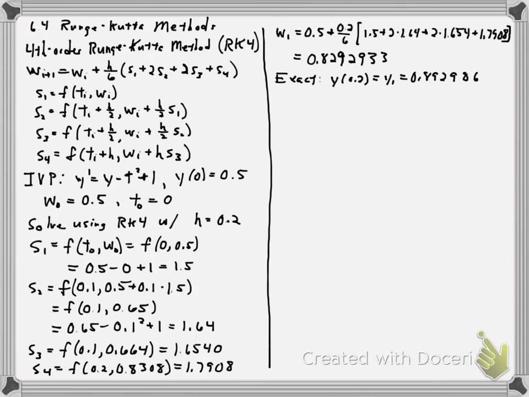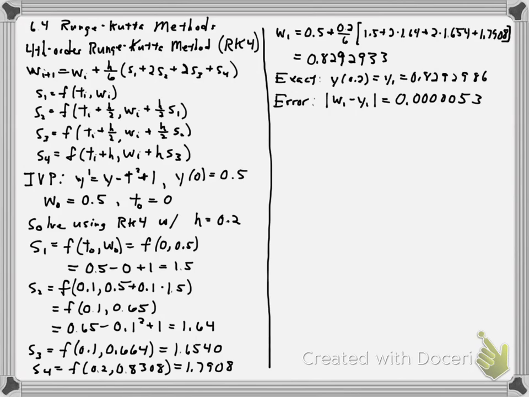Okay, I've made a mistake here. It's 0.8292986. So to compute error, in this case, the error is w sub 1 minus y sub 1, which equals, in absolute value, 0.0000053.